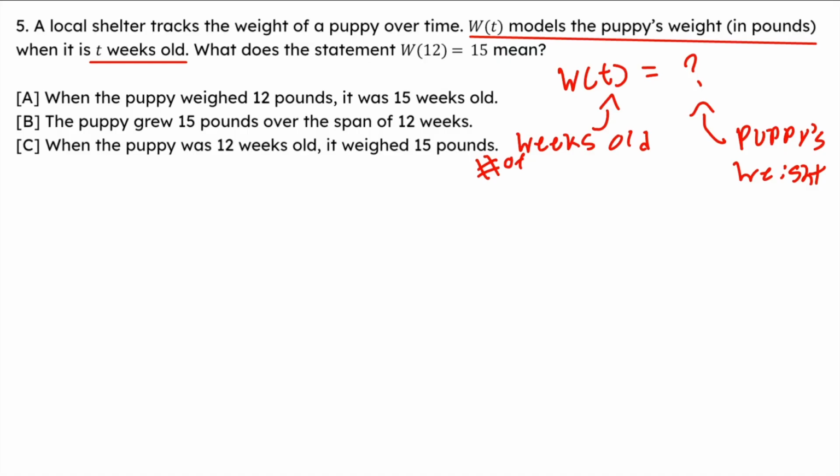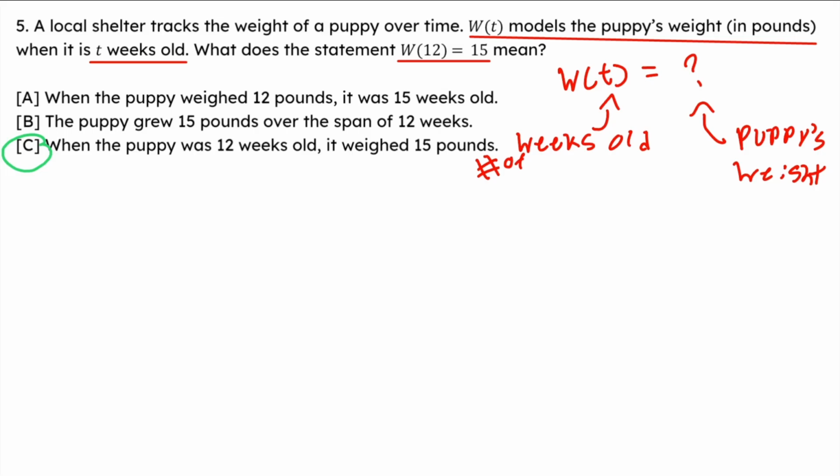What does the statement W of 12 equals 15 mean? Well, we've already defined our variables, right? Our input is how old the puppy is, so the puppy is 12 weeks old, and it's equal to 15, which is the puppy's weight, so 15 pounds. So how we would interpret this in words is when the puppy was 12 weeks old, it weighed 15 pounds. And that's going to perfectly correspond with answer choice C.